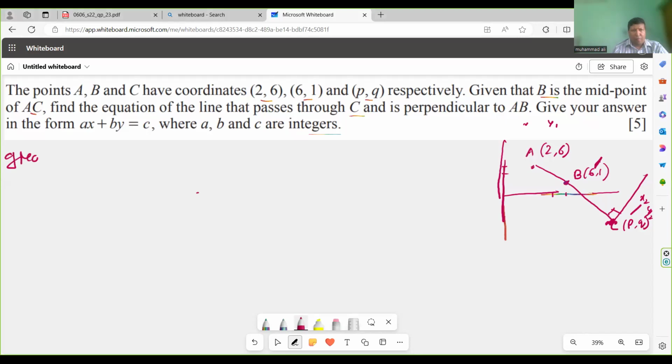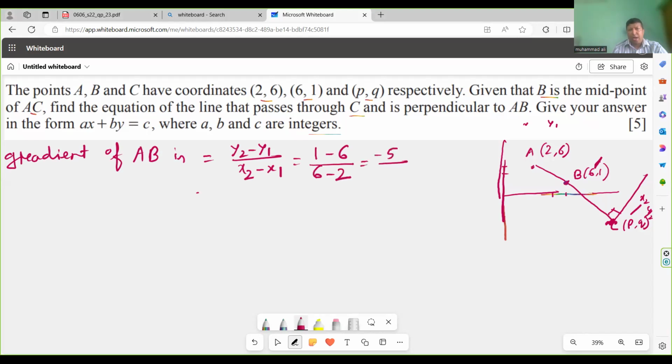The formula for the gradient is (y2 - y1) divided by (x2 - x1). So it will be (1 - 6) divided by (6 - 2), which is -5/4. So the gradient of AB is -5/4, or we can say the gradient of AC is also -5/4.